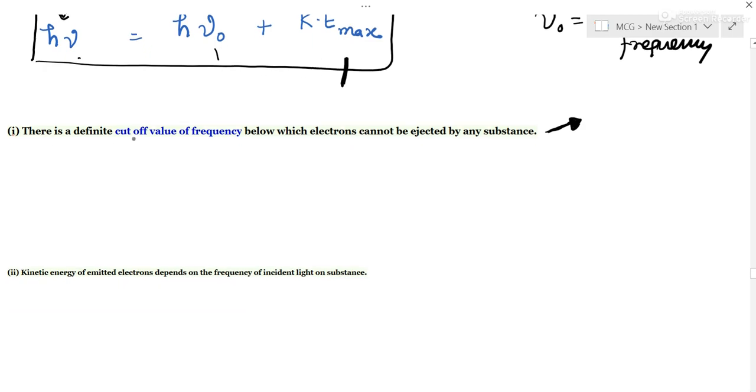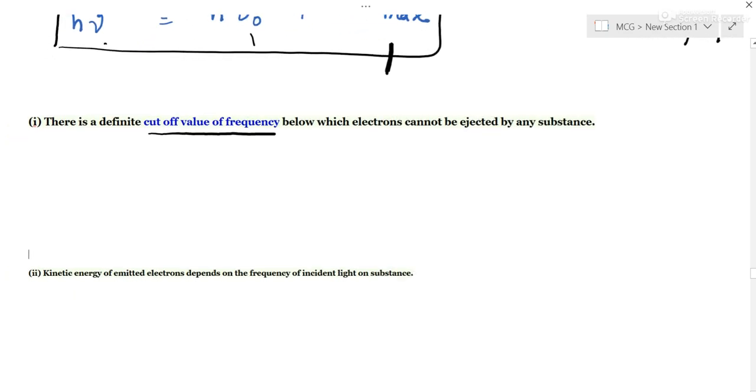There is a definite cutoff value of frequency below which electrons cannot be ejected by any substance. This law gives the concept of cutoff frequency, or threshold frequency, below which photoelectric emission will not take place.